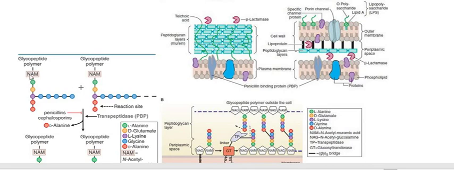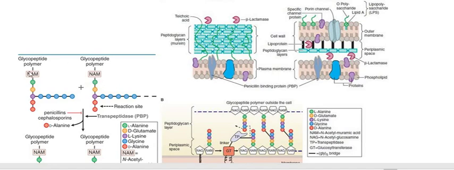NAM means N-acetyl-muramic acid, and NAG is N-acetyl-glucosamine. Here is the NAG, here is the NAM. NAG, NAM, NAG, NAM.